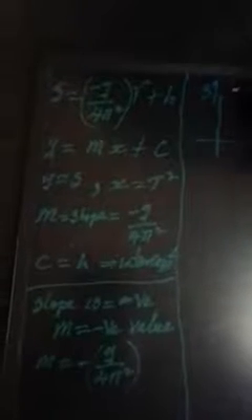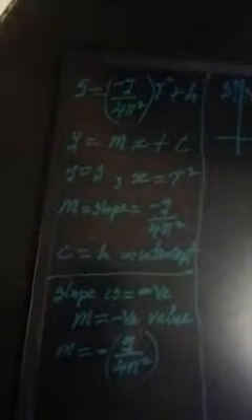This implies that if you plot the graph, with s on the y-axis and t squared on the x-axis, the graph will be negative.